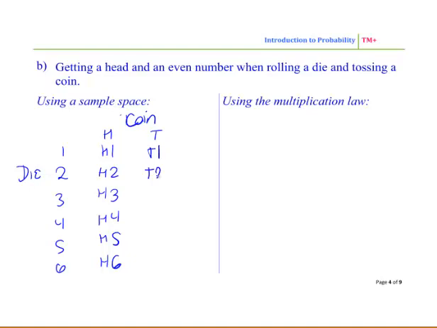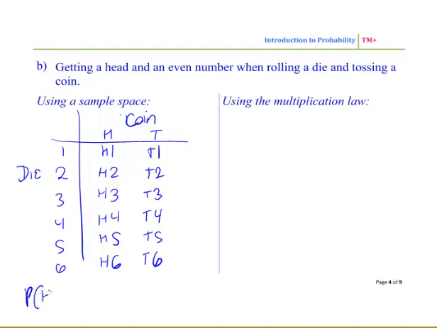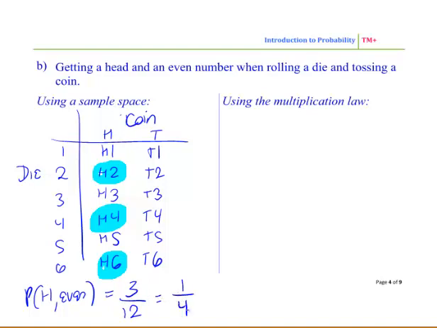Tail 1, tail 2, tail 3, tail 4, tail 5, tail 6. So you can see my sample space. So the probability of getting a head and an even number would be 3 out of 12, which would be 1 in 4.